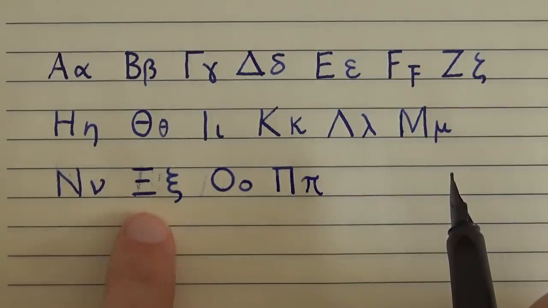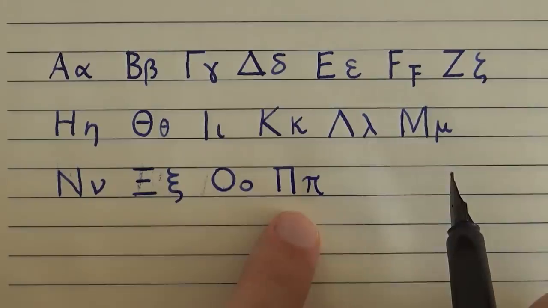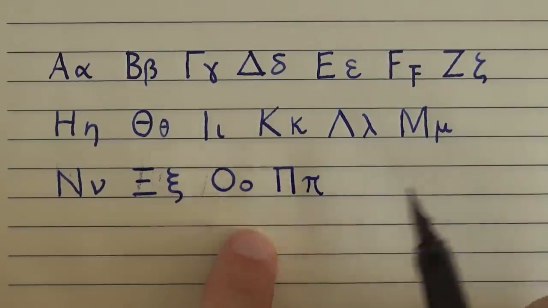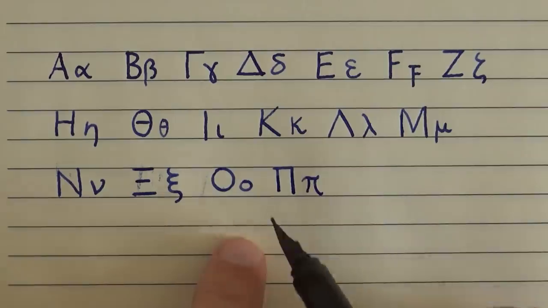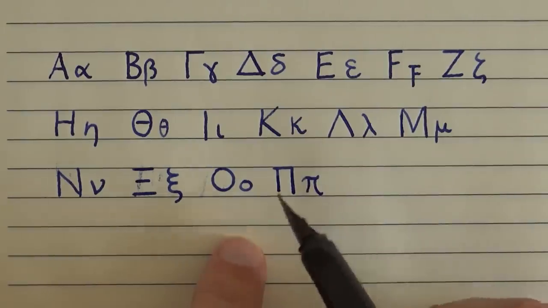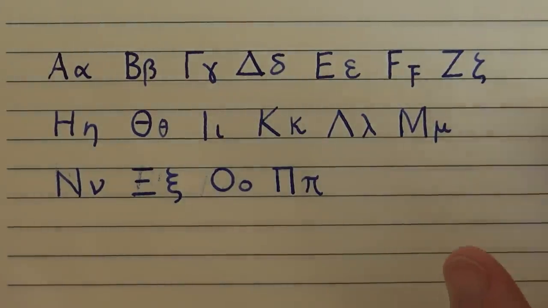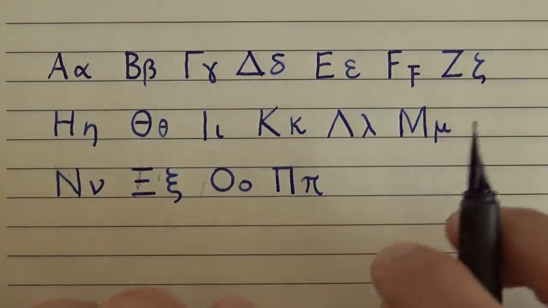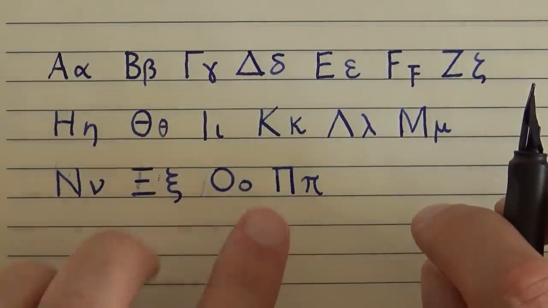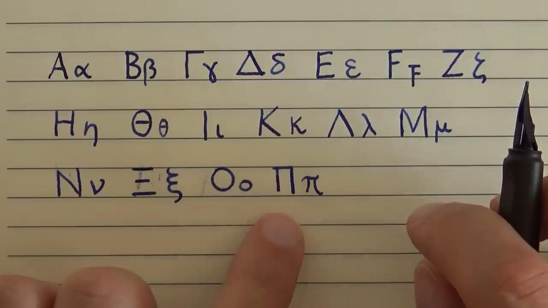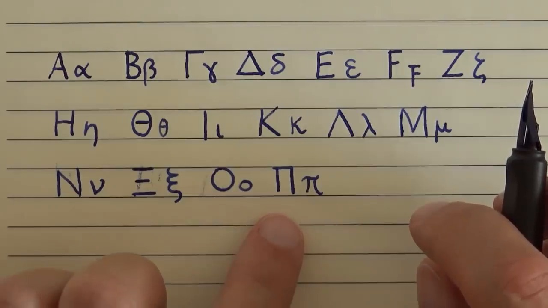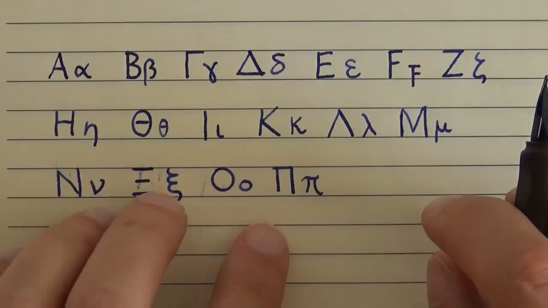Nu, xi, omicron, pi. Pi is probably the first of all these characters and letters from the Greek alphabet. I mean, when you study math, not speaking Greek or familiar with the Greek alphabet, pi is probably the first letter that you see in the maths context.